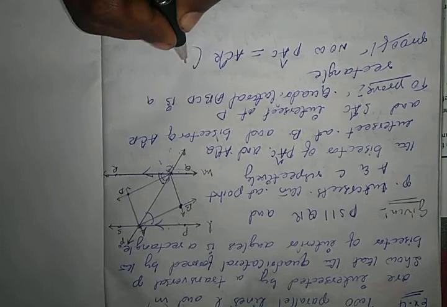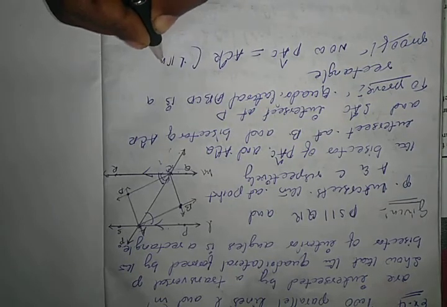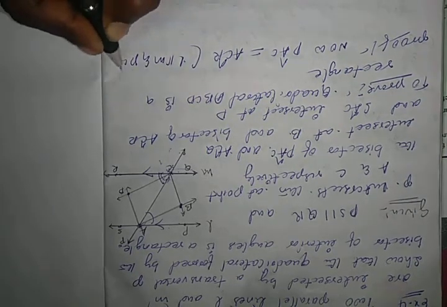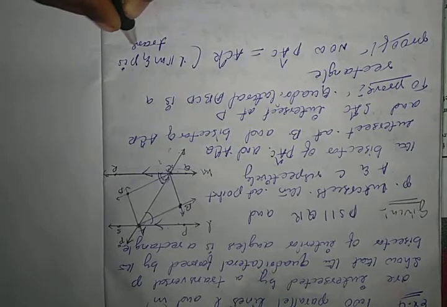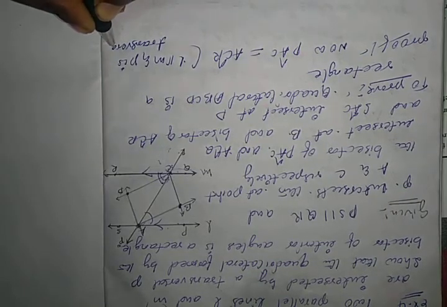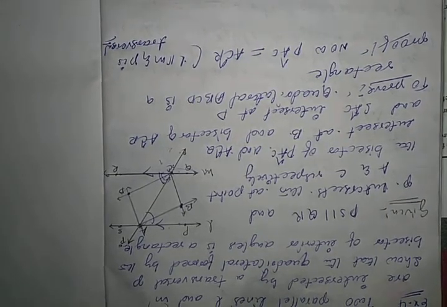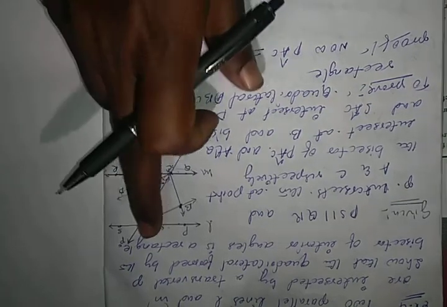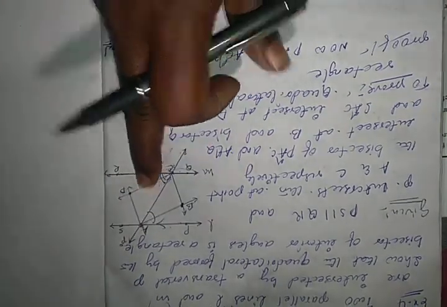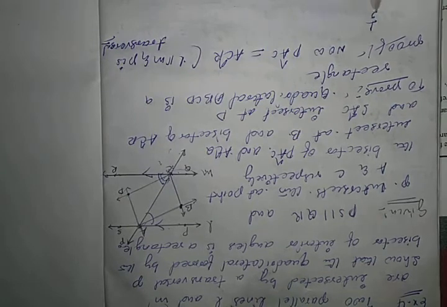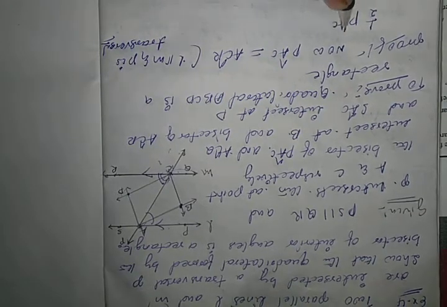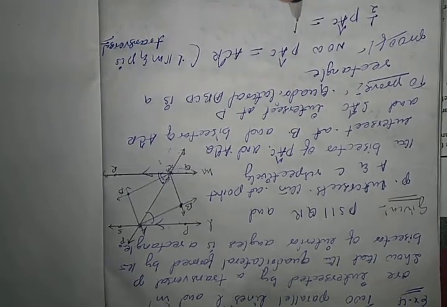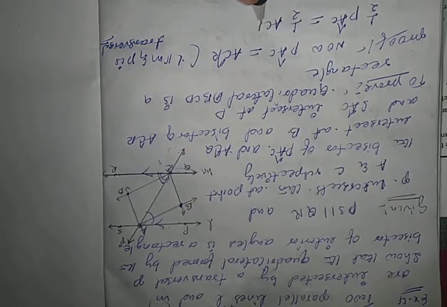So half of angle PAC is equal to half of angle ACR.